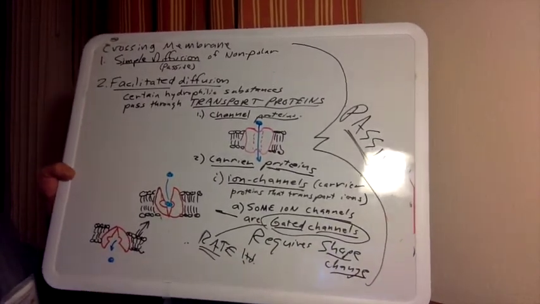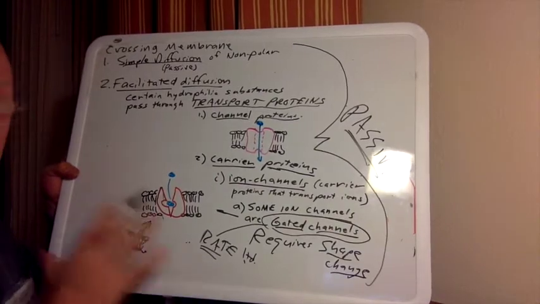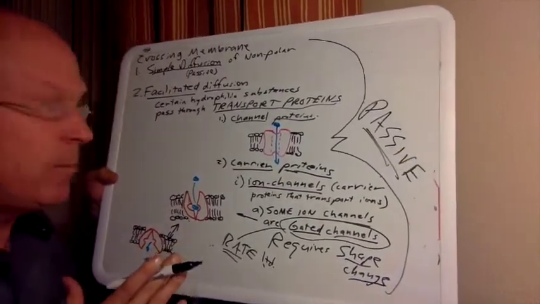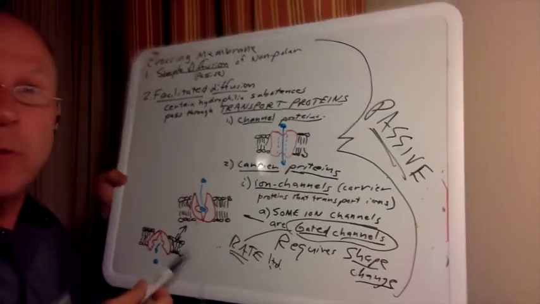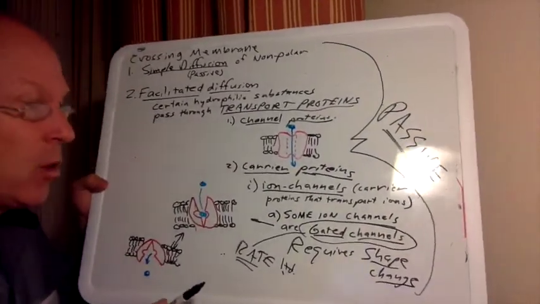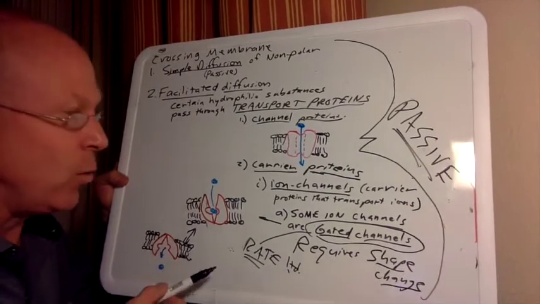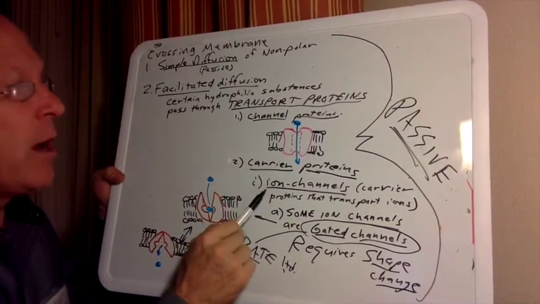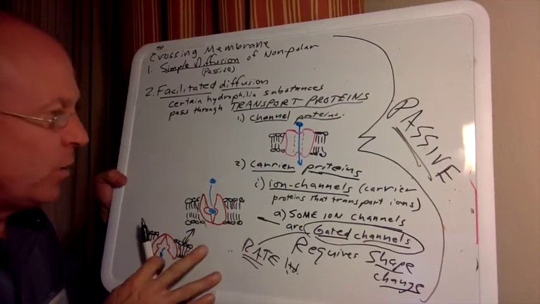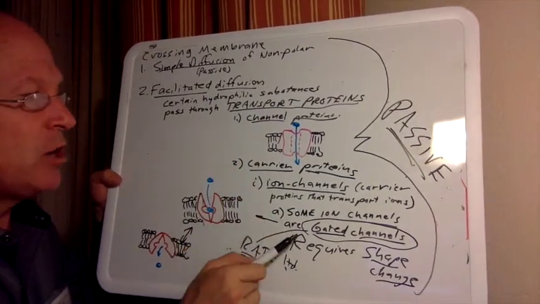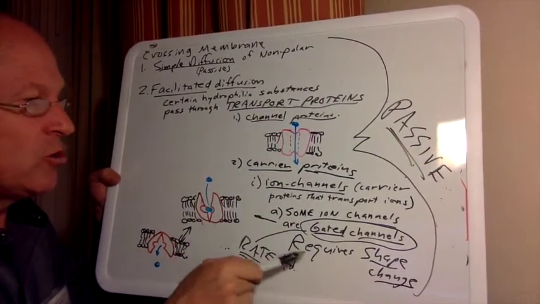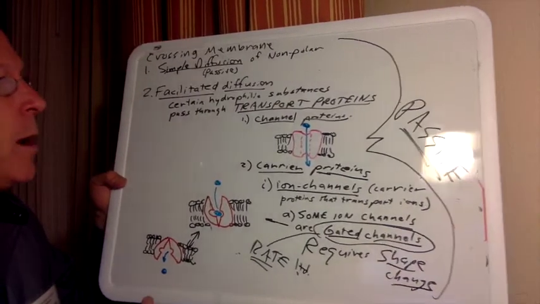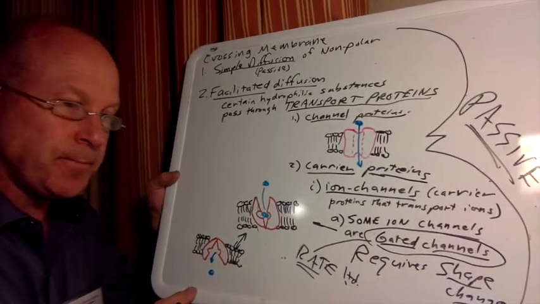There's going to be a possibility that they can only go so fast, maximum, just like right before a football game. Everybody's lined up and they can only go in so fast. They can't go as fast as they could if the gate wasn't there. So this is a type of ion channel. So ions do this, but this is a type of ion channel that actually requires a shape change. That's excellent. All right, so there's carrier proteins.